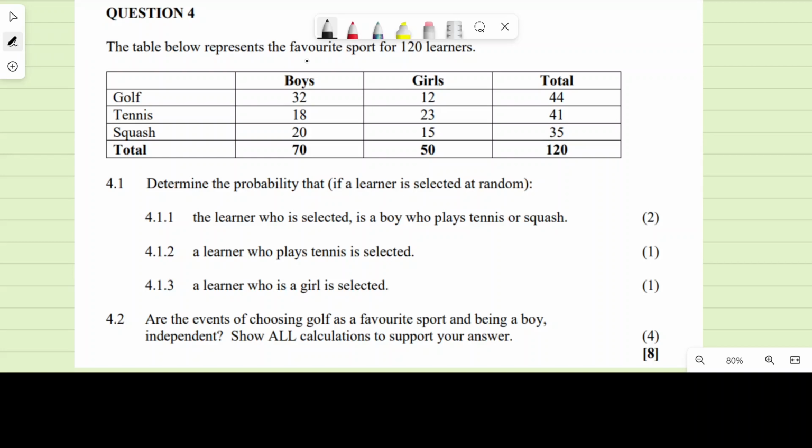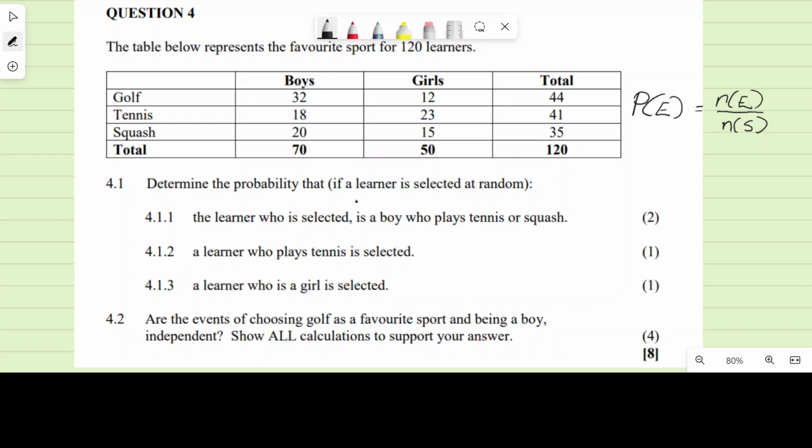Probability of any event is equal to the number of outcomes of the event divided by the total number in the sample space.